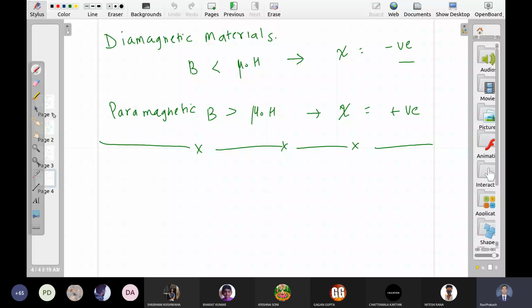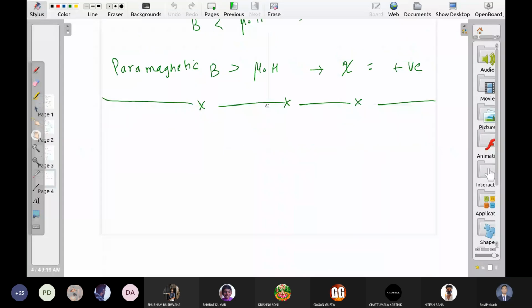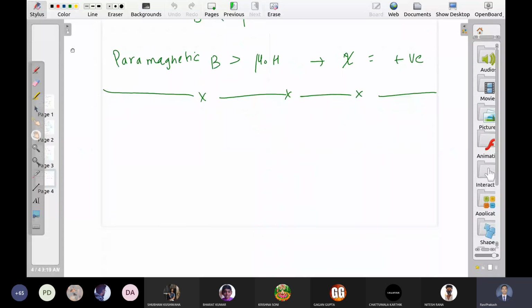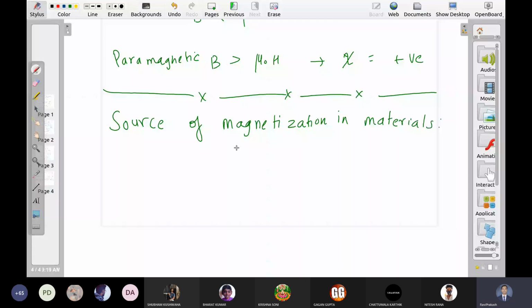So what are the possible sources of magnetization in a material? Whenever there is a magnetic field, there has to be only one source. Magnetization has only one source. What is that? Current.